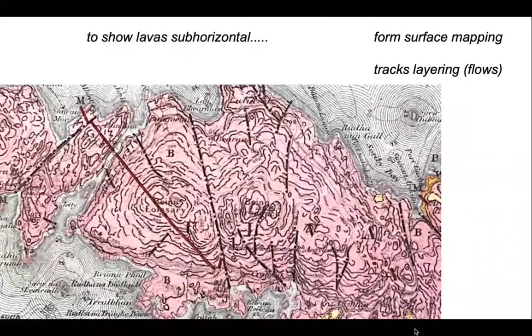So if we zoom in on that area there, the point of that exercise is to show the trend of the layering within the landscape, and it demonstrates that lavas are layered subhorizontally because the shape of these wiggly form surface lines more or less follow the topographic contours. So those are the techniques used to show the structure of the lava fields.